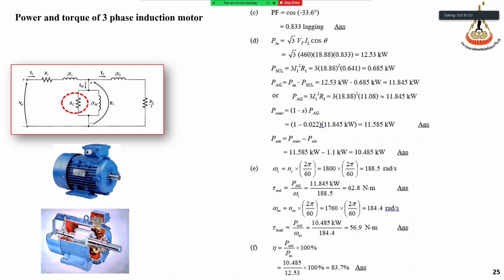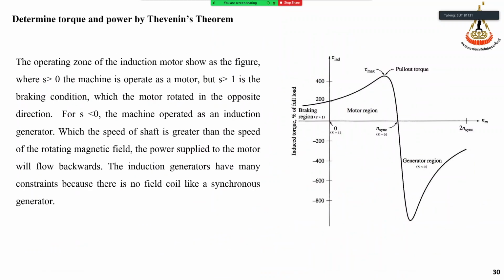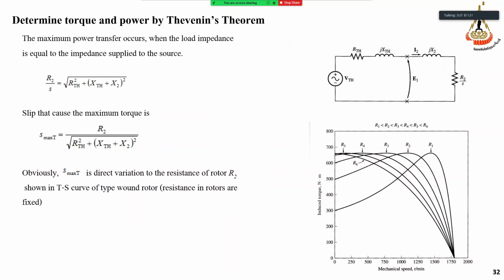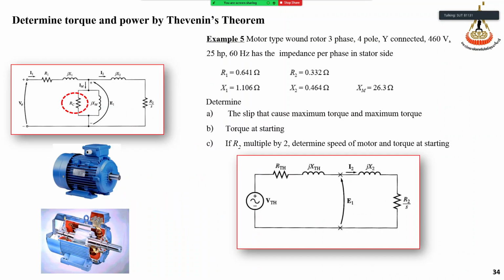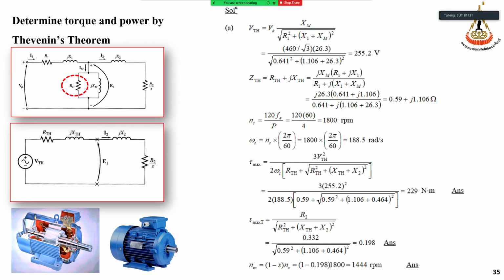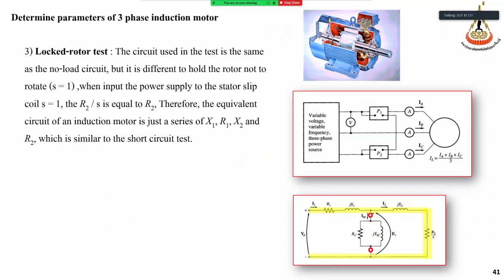Maybe we will come to this slide for my lecture. For getting the speed torque curve characteristic, I think maybe we don't need to talk in detail in this part, and also determining the equivalent circuit, right?